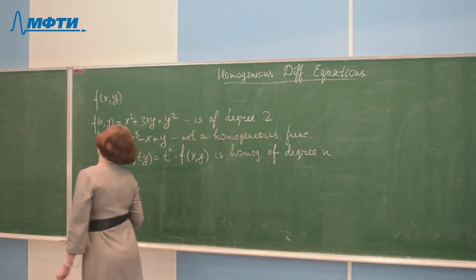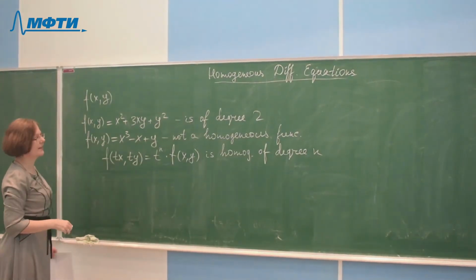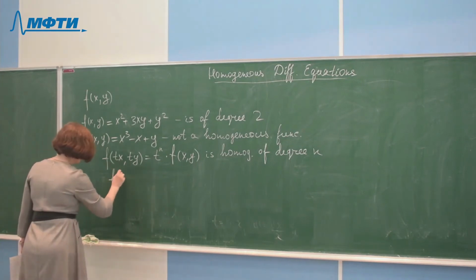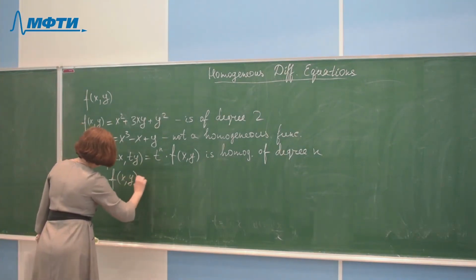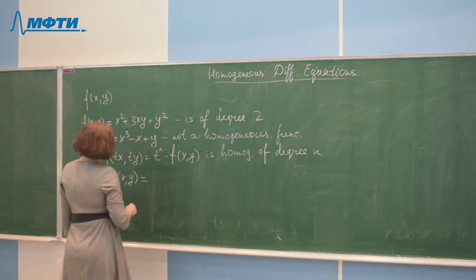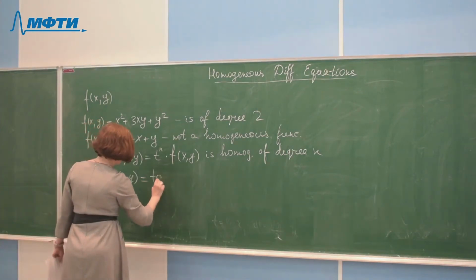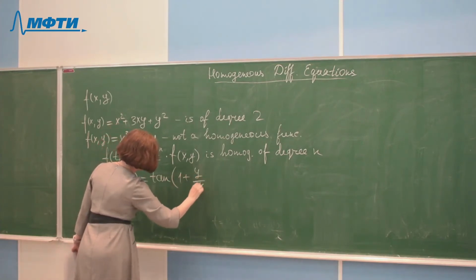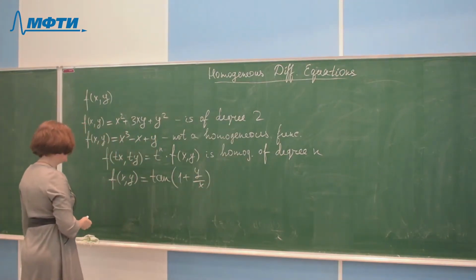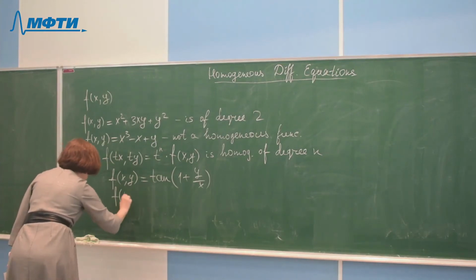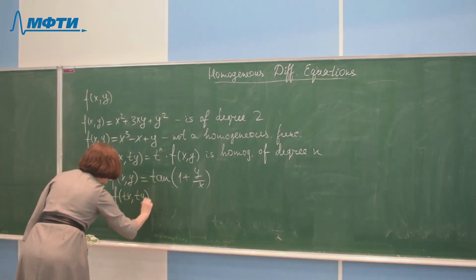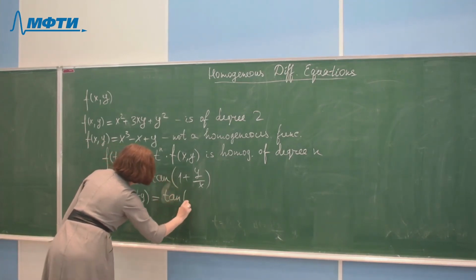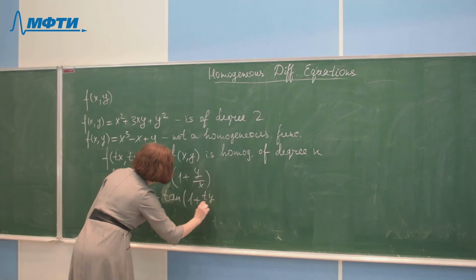Okay, examples of homogeneous functions that are not polynomials. For example, this is just an example: tan of 1 plus y over x. If we substitute tx and ty for x and y, we will get tan of 1 plus ty over tx.